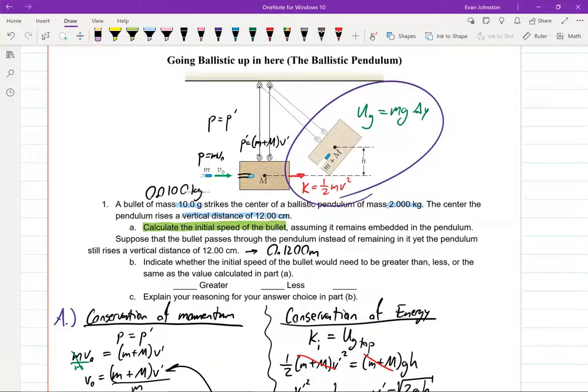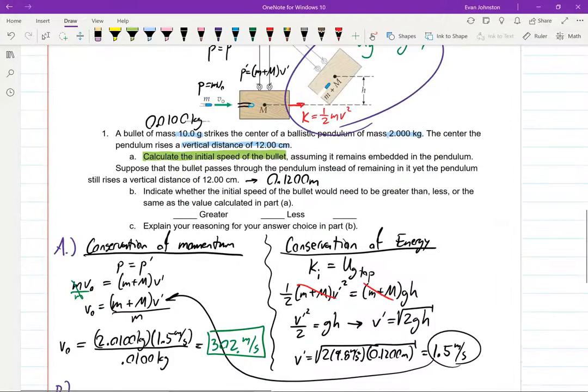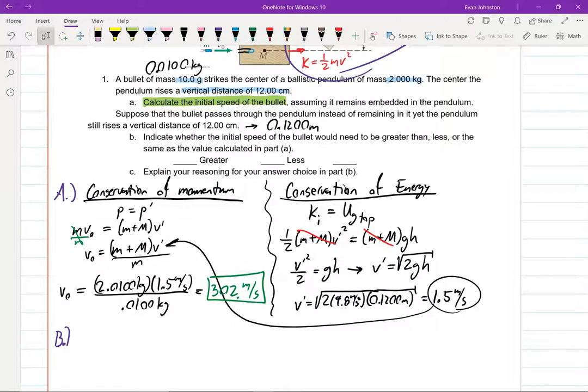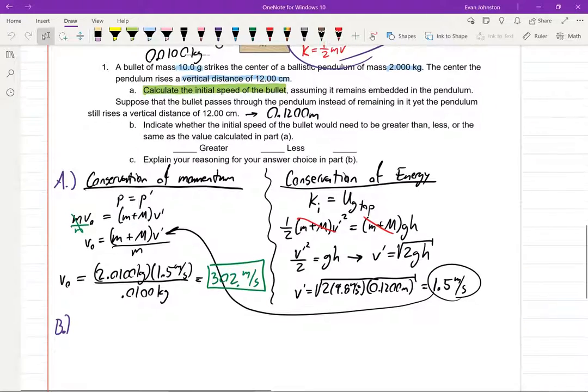And so this is kind of where these overlap. It's really in this kinetic energy part and this P prime part that we were able to stitch those together and look at, oh, well, here's the energy portion. We can get something valuable from conservation of energy, and we can then plug it into conservation of momentum and ultimately get something that is asked of us, which is pretty awesome here.